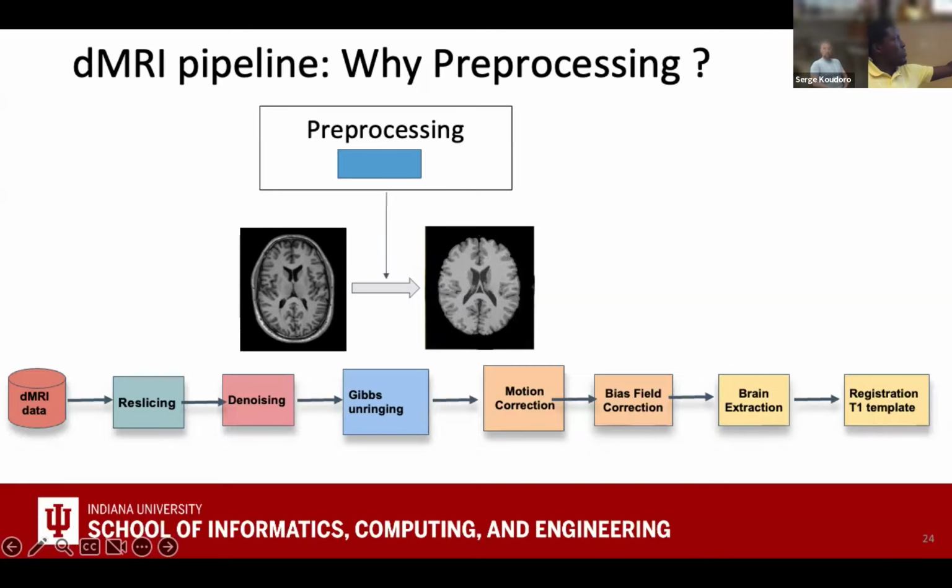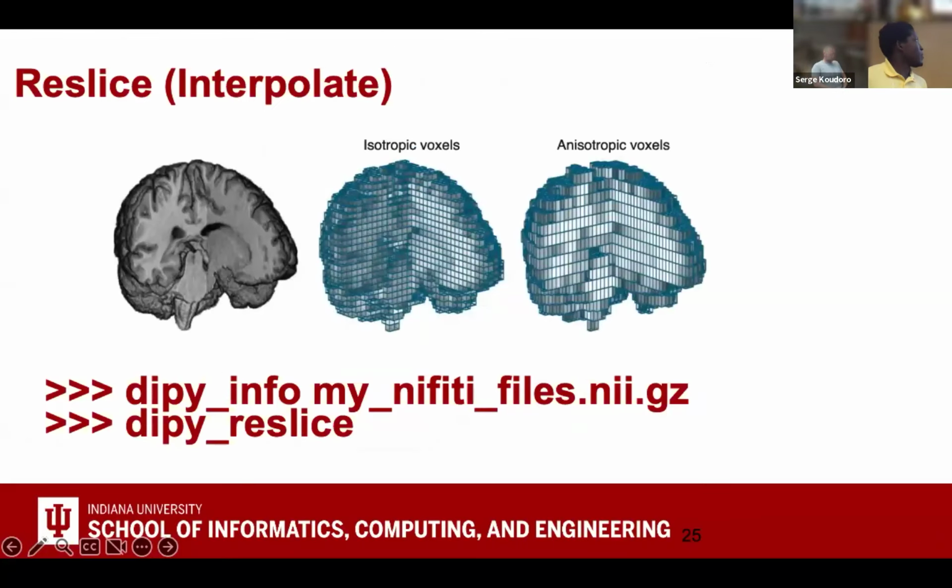So let's go through every step to explain what they are. Let's start with the reslicing. The reslicing is super easy. Some scanners produce a volume with different voxel sizes. So instead of being isotropic, meaning having the same distance everywhere, being 1, 1, 1 or 2, 2, 2, they are highly anisotropic.